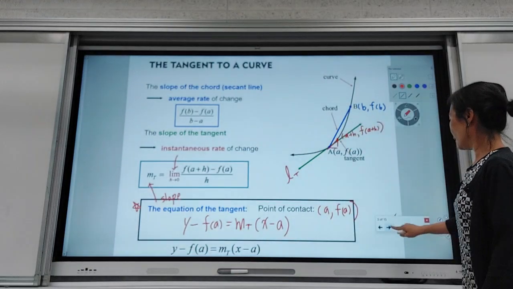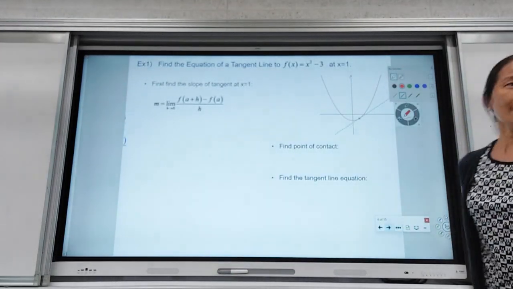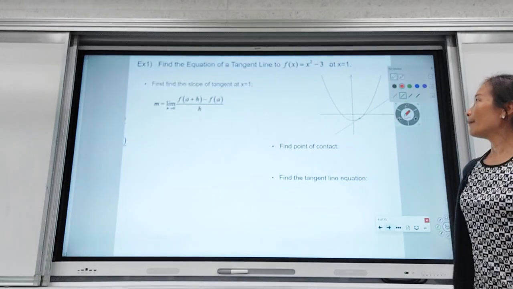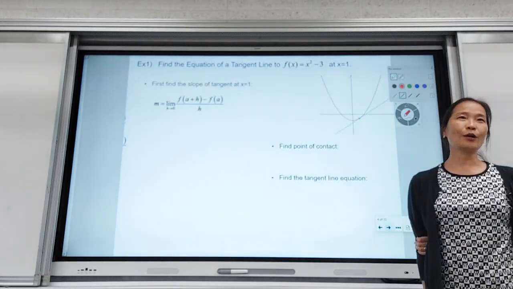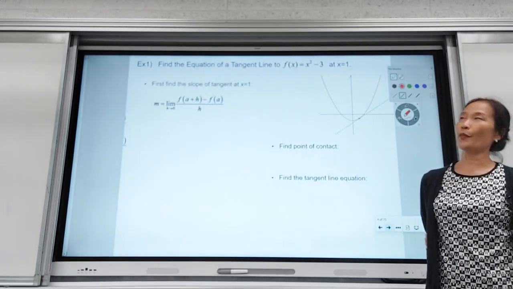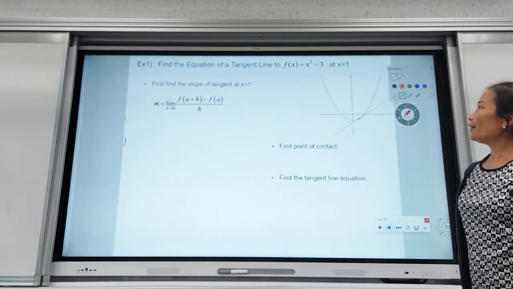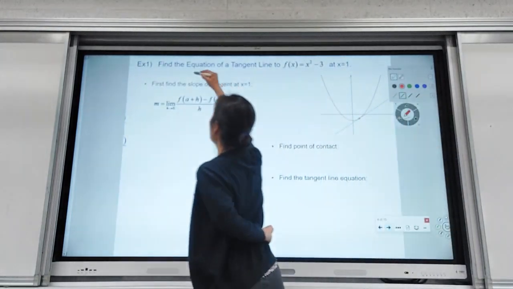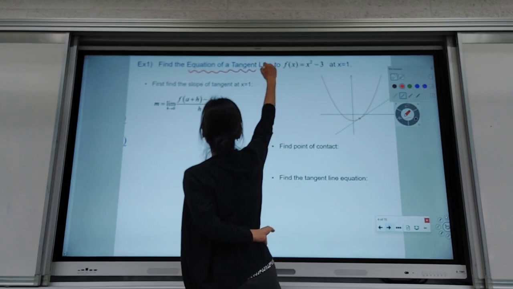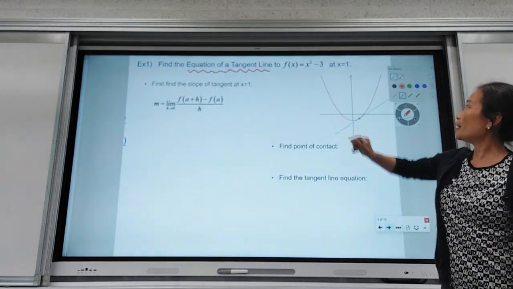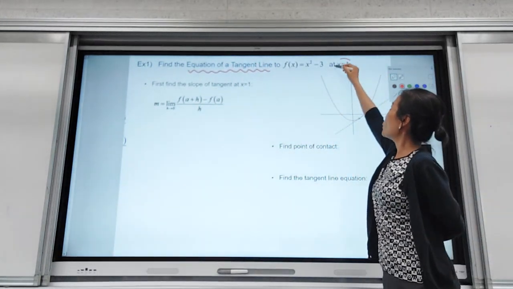Same thing. Next, now let's use this example. My function f of x is a quadratic, x squared minus 3. Can you find the equation of tangent line to this curve at x equals 1?